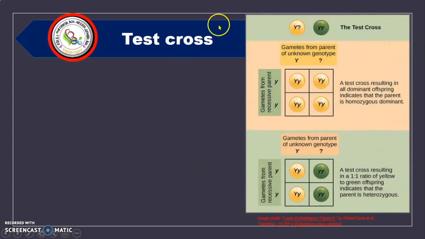Last but not least is test cross. A test cross can be used to determine whether an organism with a dominant phenotype is homozygous or heterozygous.